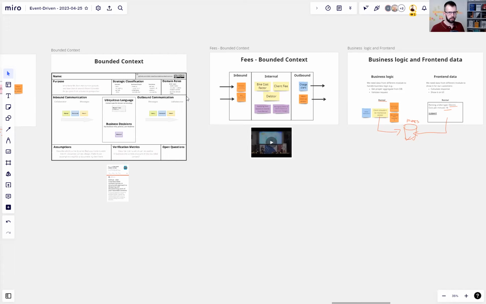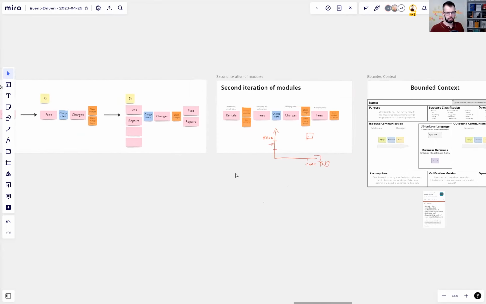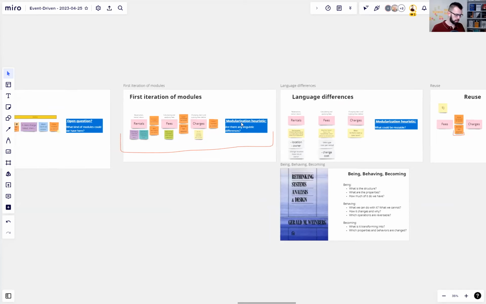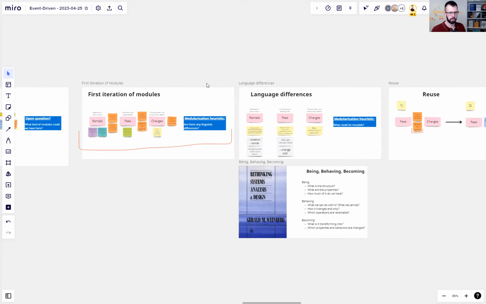I think the context map can be used at some point there. I just haven't used it during the talk because it would be yet another way of thinking about it.